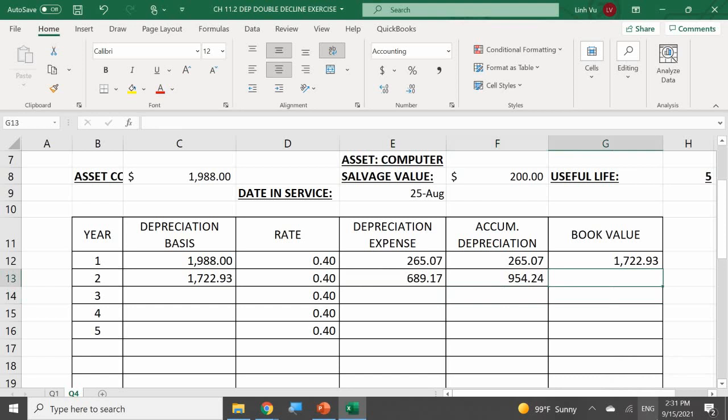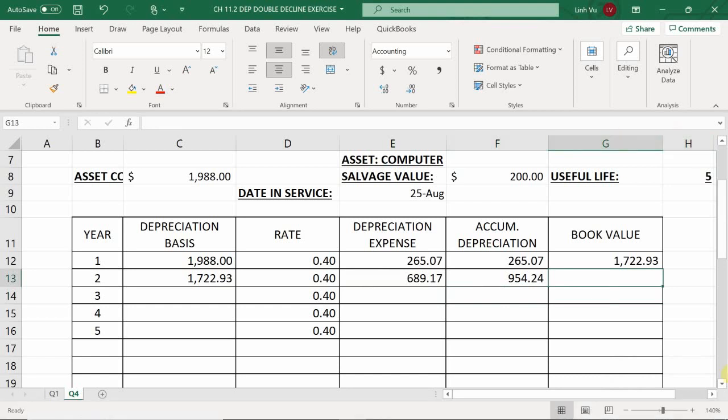So therefore, what should be my book value at the end of year 2? 768.69. Okay, you probably took the 17.